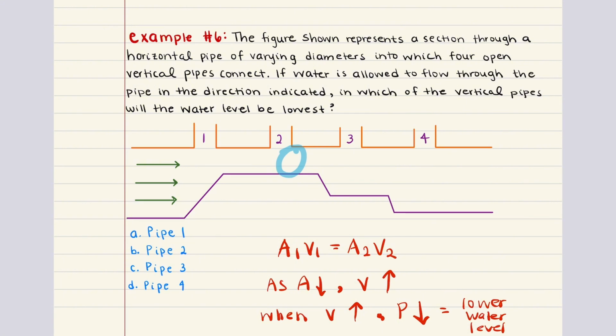So in this case, pipe 2 corresponds to the narrowest section of the horizontal pipe, and pipe 2 will have the lowest water level because it experiences the greatest velocity and the lowest pressure. And this is a phenomenon known as the Venturi effect. That means that the correct answer for problem 6 is going to be answer choice B.